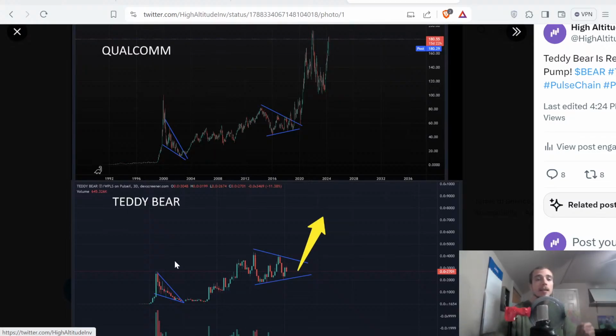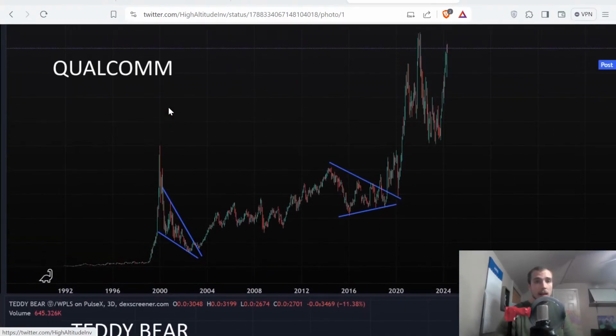So you guys can see here on the bottom, we have Teddy Bear. On the top, we have Qualcomm. And you guys can see that the same psychology, the same human emotion is taking place. Qualcomm is a stock, and it also looks a lot like Litecoin. If you've ever studied Litecoin, you can compare Litecoin and Qualcomm.